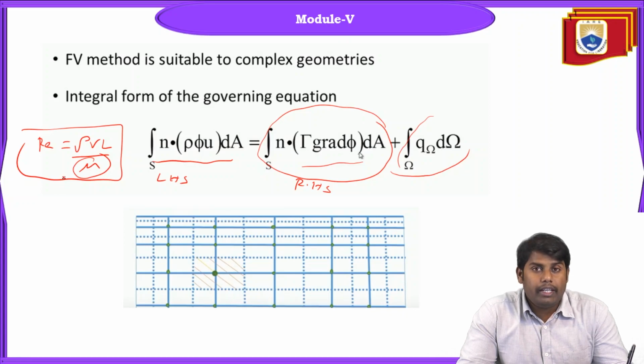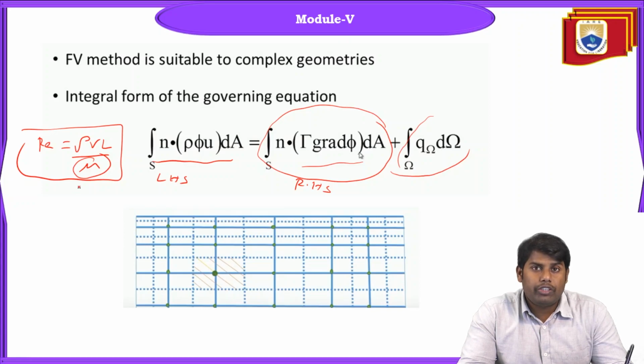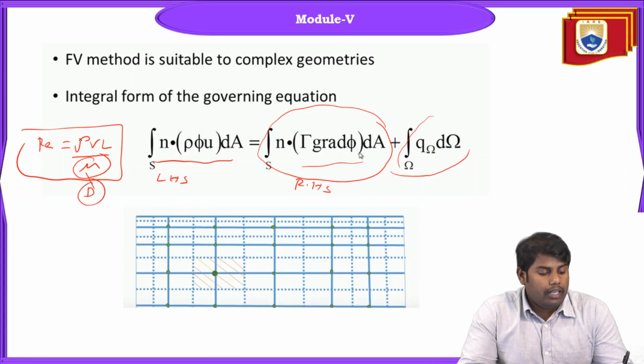Honey is a highly viscous fluid, so we cannot actually have more convection for honey. Why? Because the viscosity of honey is very high. So we will say that the diffusion is very high for honey, and the convection is less.